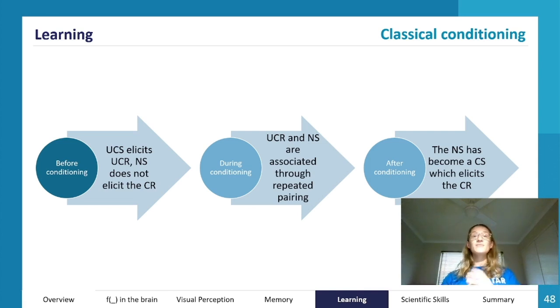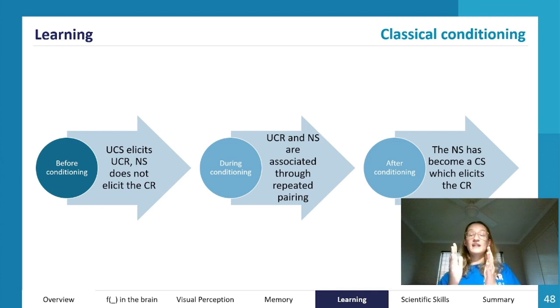But the interesting change is that after conditioning, the neutral stimulus becomes a conditioned stimulus, which elicits a conditioned response. During conditioning, our food and our bell are paired, and the dog being given food makes them drool, but they're also hearing a bell. The dogs are unconsciously pairing and associating the food and the drool with the bell.